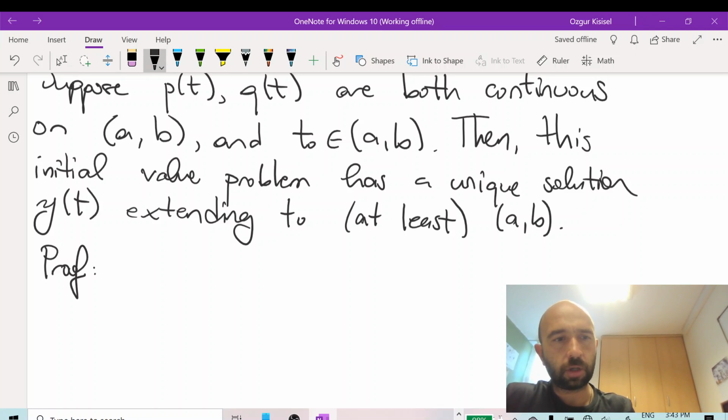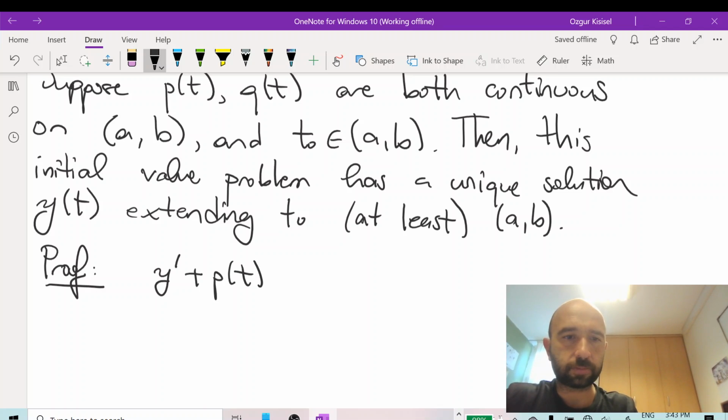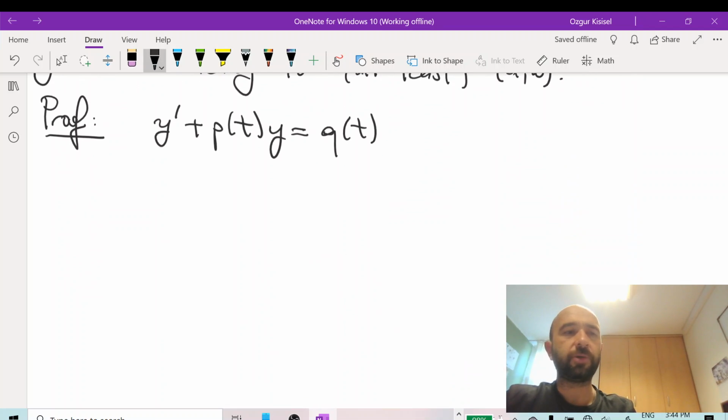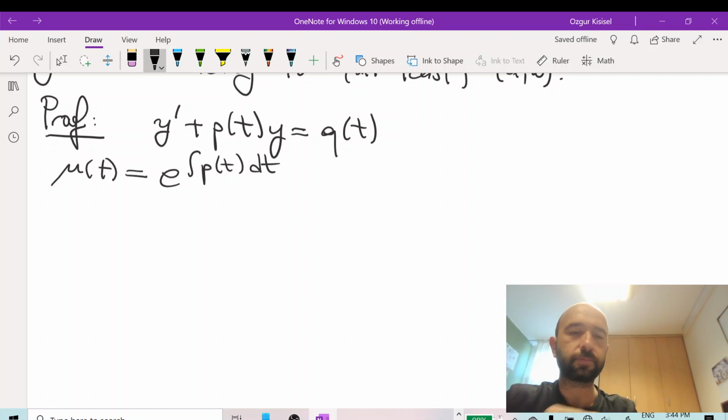Okay, now we can prove this theorem with the things that we know. We just have to remember how we solve a linear equation. This is something we discussed before. If you remember the method of solution of linear equations, we defined an integrating factor mu equals e to the power integral p(t) dt.